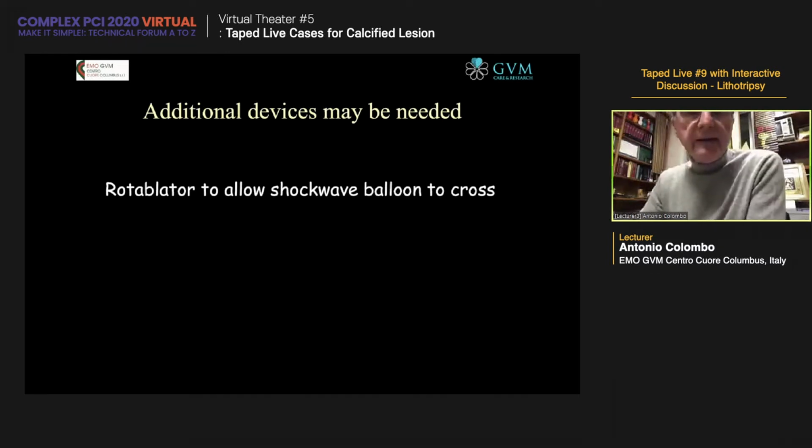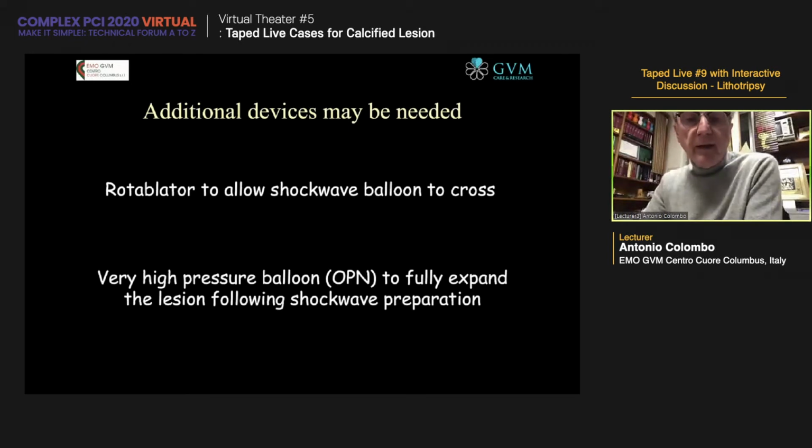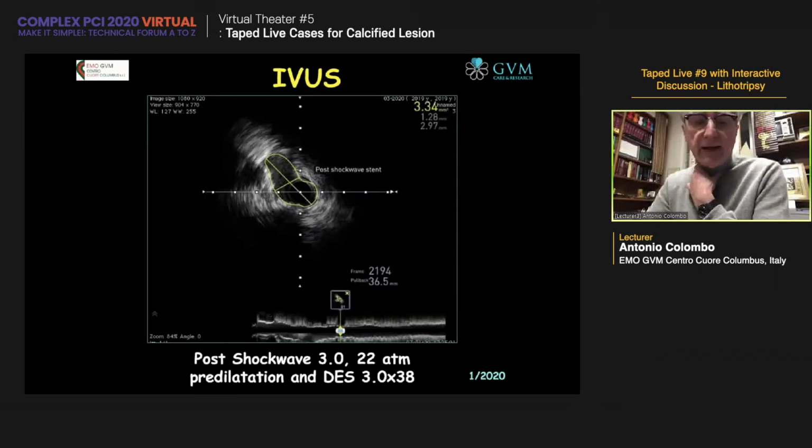You still need sometimes a Rotablator to allow the shockwave balloon to cross. And in some situations, even after the shockwave, we needed a high pressure OPN balloon to fully expand the stent because the shockwave balloon did not achieve the result.